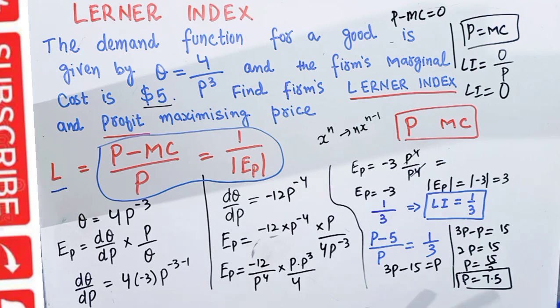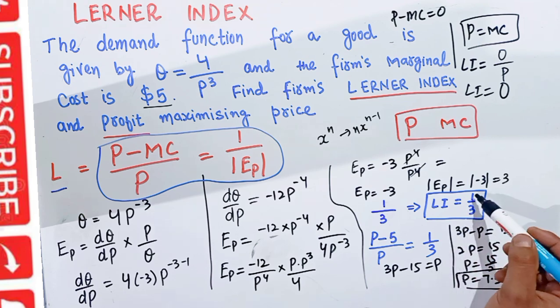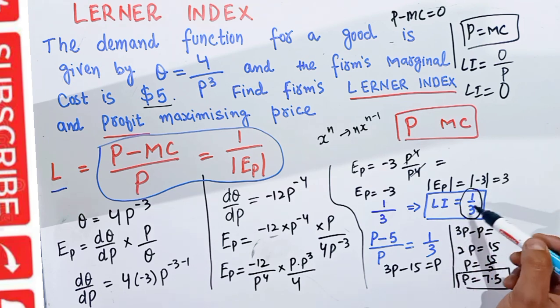I hope I make myself clear in this video. So this is absolutely not the case of perfect competition. It is a kind of monopoly where we have some sort of Lerner's index, which defines the monopoly power of a firm.